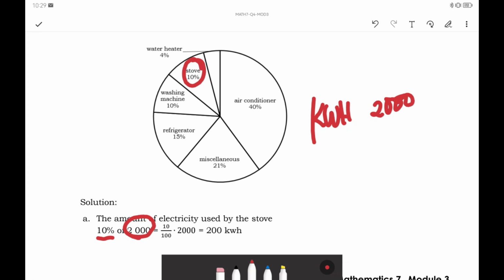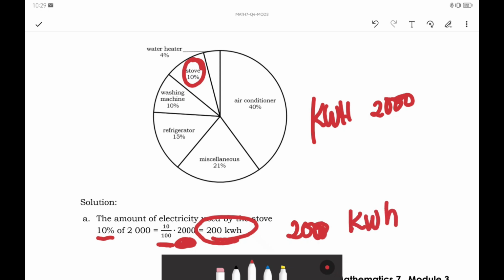This can be solved using 10 divided by 100 times 2,000, which is 200 kilowatts. So therefore, this is for the stove.